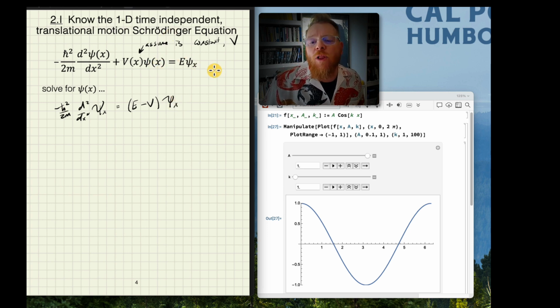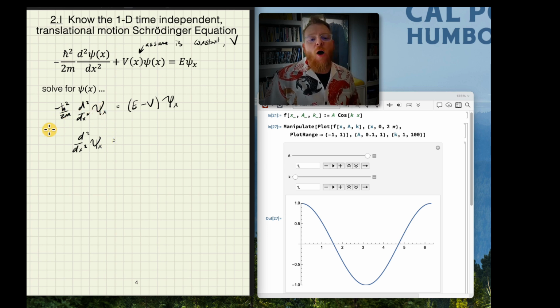So we'll often see, instead of saying psi of x, you'll often see me just write psi x. So I subtracted that over and collected like terms. Now I want to eliminate the constants from this side so that I can just focus on the second derivative. So let's rewrite that again. I've got the second derivative of psi.